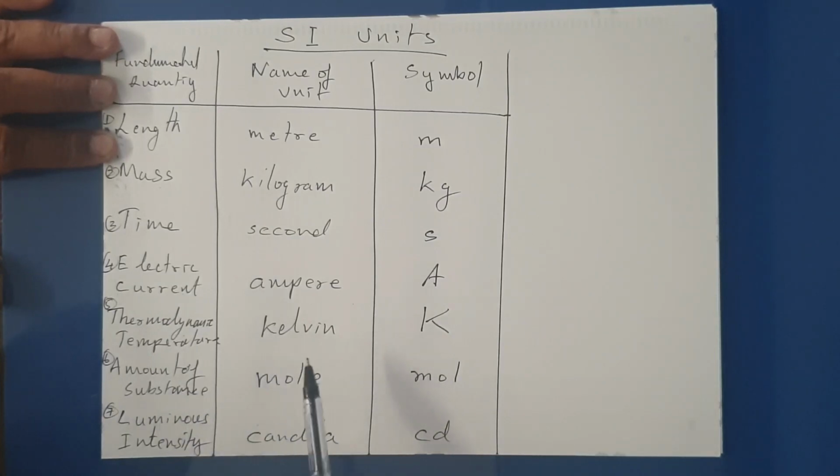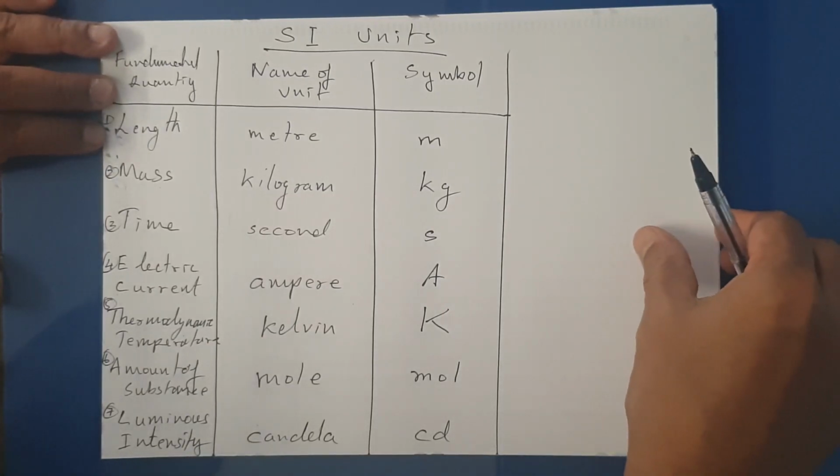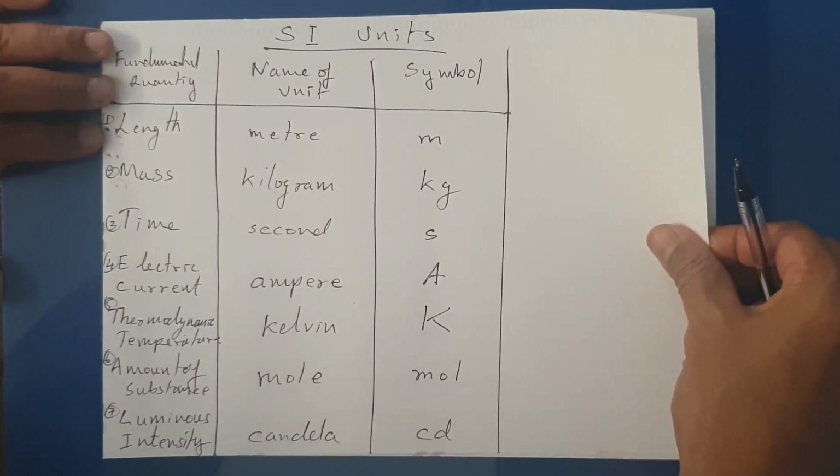Amount of substance, mole is a unit, symbol is small mol. Luminous intensity, candela, cd. These are fundamental physical quantities and their units.